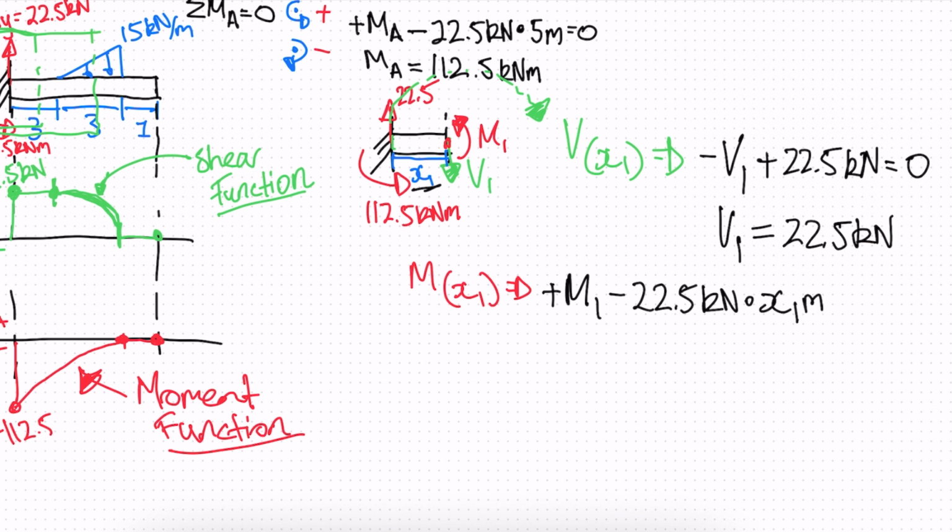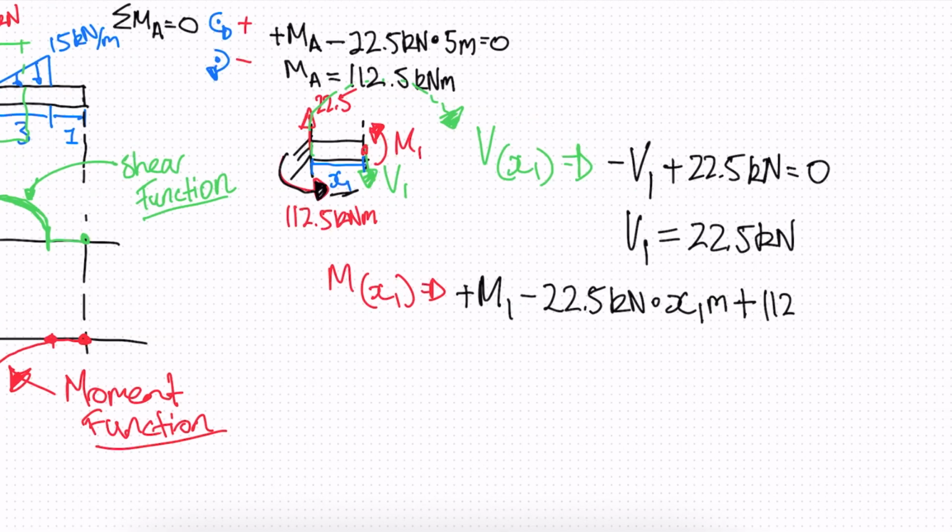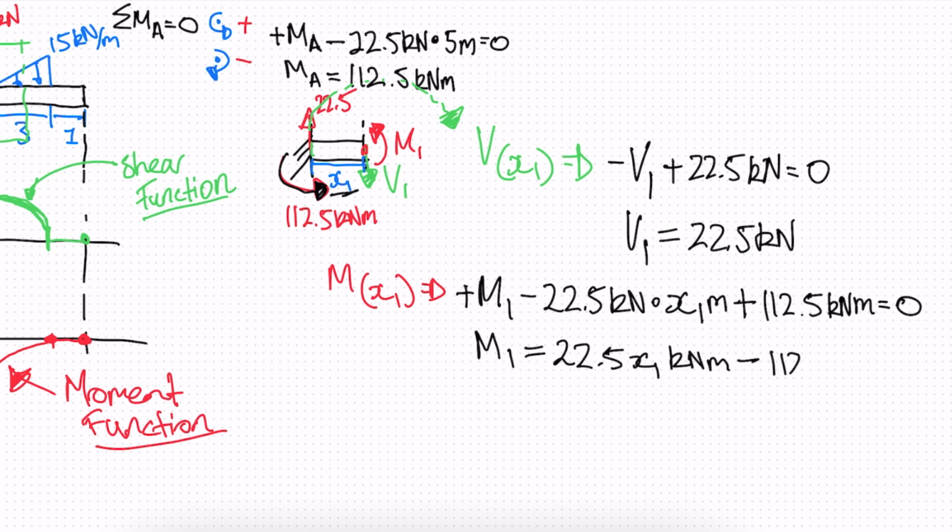And then finally we have our 112.5 kilonewton meters in the positive, so we can write plus 112.5 kilonewton meters equal to 0. We don't have any other forces, so we can just write M1 is equal to 22.5 x1 kilonewton meters minus 112.5 kilonewton meters.